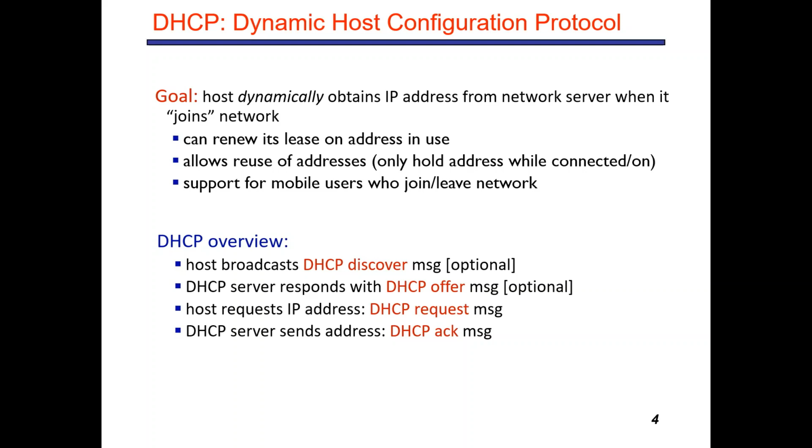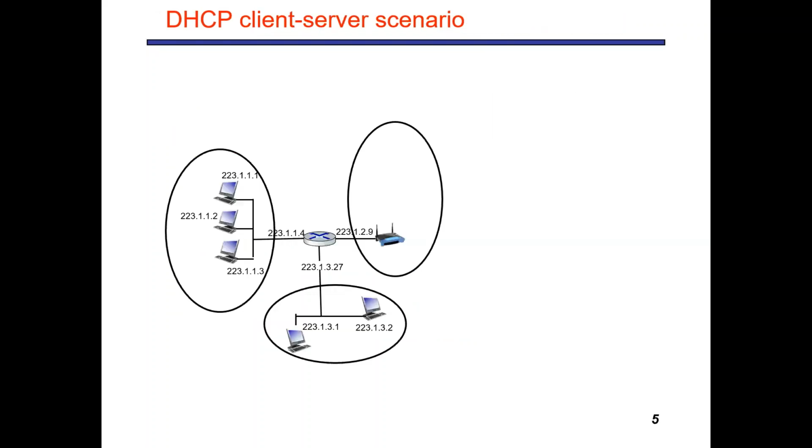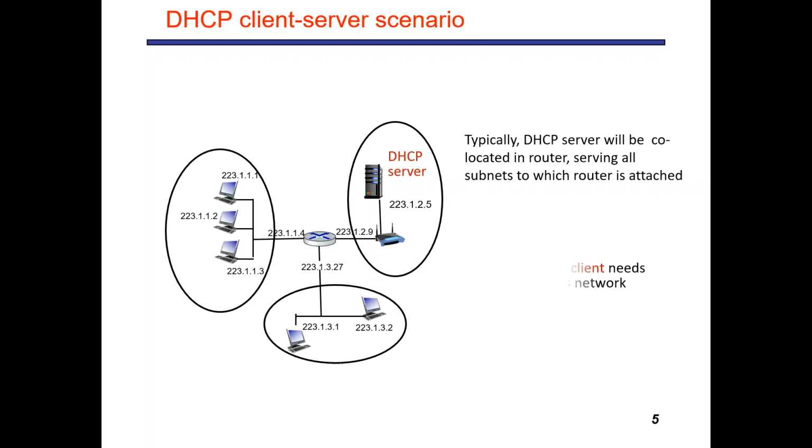This second message is also optional. In the third message, the host officially requests, okay, the offer that you made, I need this IP address. And the DHCP server will send a DHCP acknowledge message, which contains the IP, the lease time and everything. After that, the host will be assigned that particular IP address.